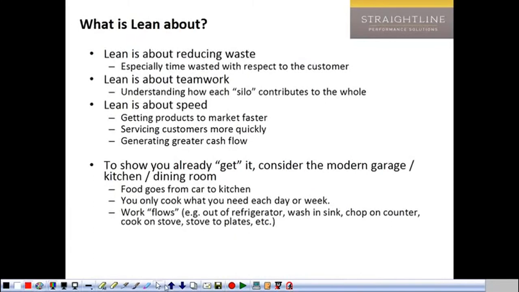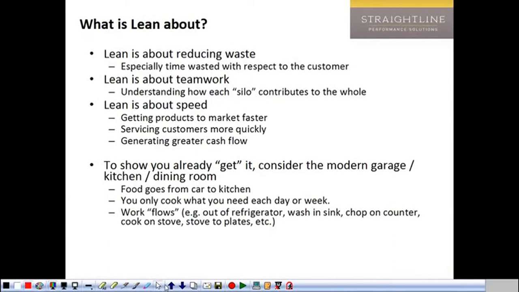So first of all, we want to make a bit of a distinction between Lean and Six Sigma. And I don't think you need to always make this distinction, because typically the two tools and the two paradigms and the two methodologies can be meshed together pretty well.